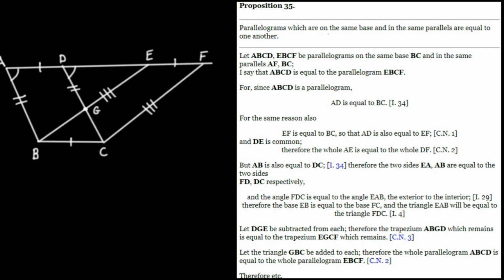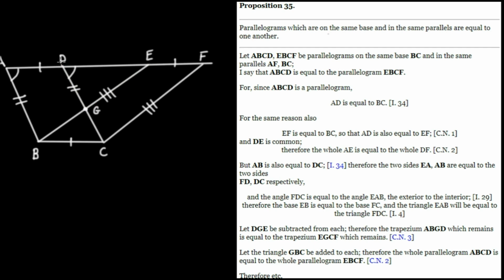We're going to take those two equal triangles that I highlighted before, EAB and FDC, and we're going to subtract away DGE from both of those. So from this triangle and from this triangle, we're going to subtract away this triangle right here.